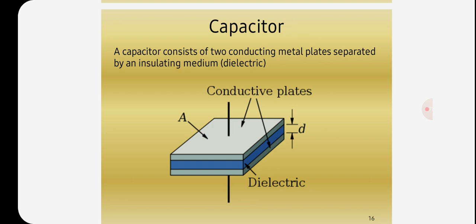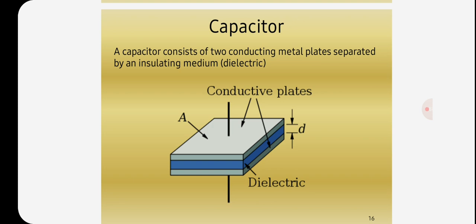A typical capacitor has two conducting plates A and B, which are separated by air. A battery of V volts is connected across the capacitor plates.